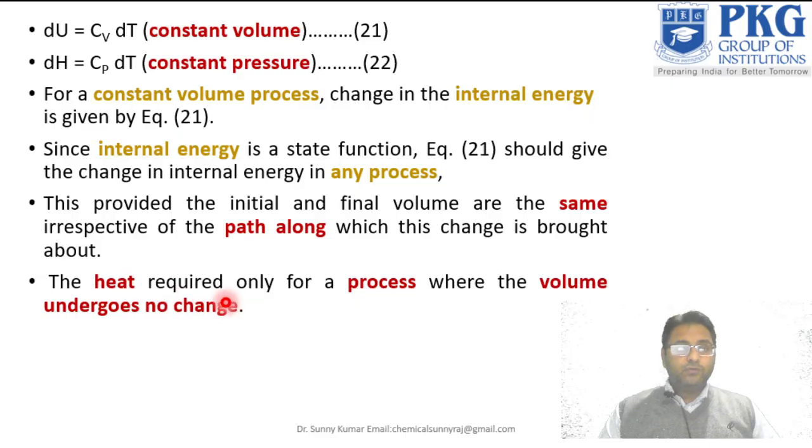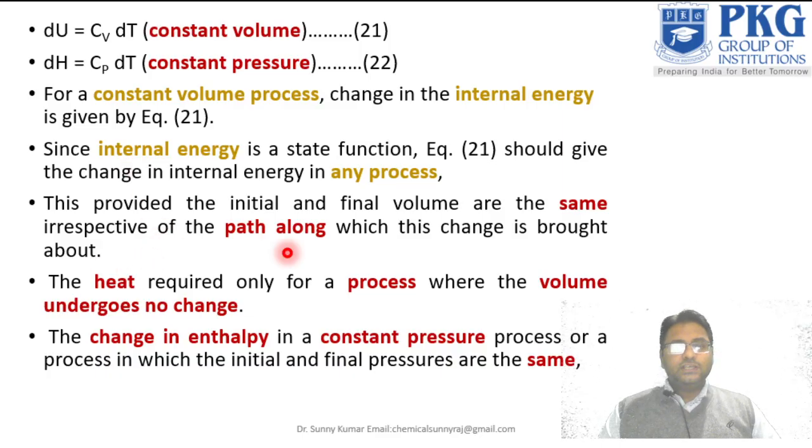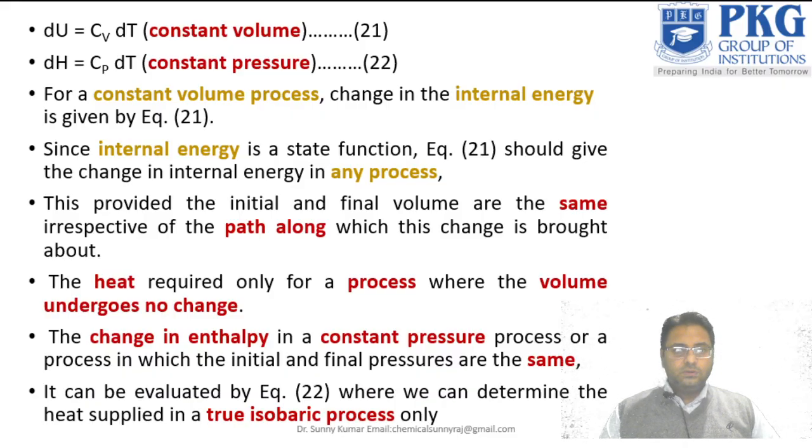So the heat required is only for the process where the volume undergoes no change. The change in enthalpy in a constant pressure process, or a process in which the initial and final pressures are the same, can be evaluated using equation 22, and we can determine the heat supply in a true isobaric process.